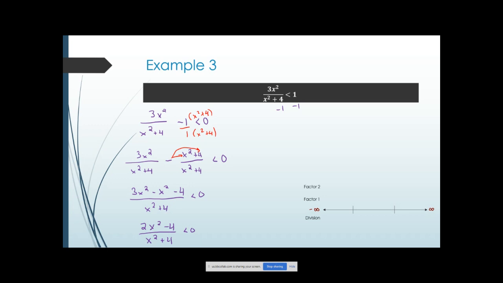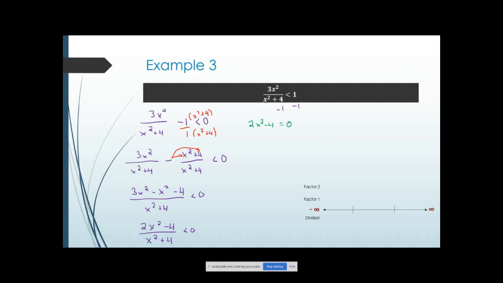Now I need to factor the top. On the top I have 2x squared minus 4, and I can just set that equal to 0 to start the factoring process. I'm going to do that in a different color here. So I've got 2x squared minus 4. I can actually solve this by square roots because I don't have that middle term.